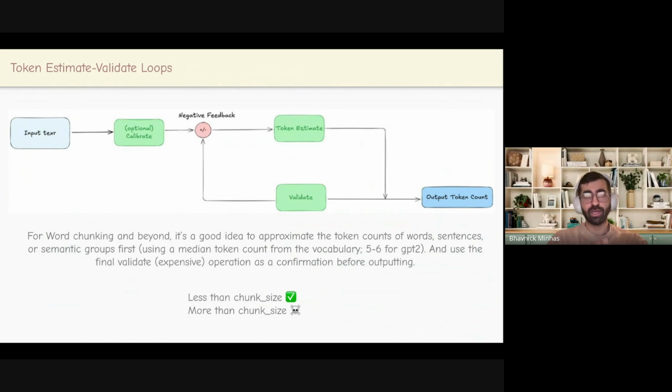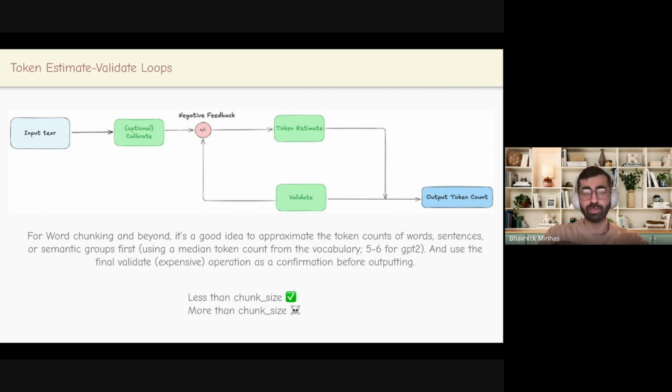The idea is that if you do some heuristic-based combining to make a candidate or draft chunk first, and then only use validation, the counting, during validation, instead of for every single sentence or every single bit, then you would decrease a lot on the number of times you call encode. And that means you get faster.